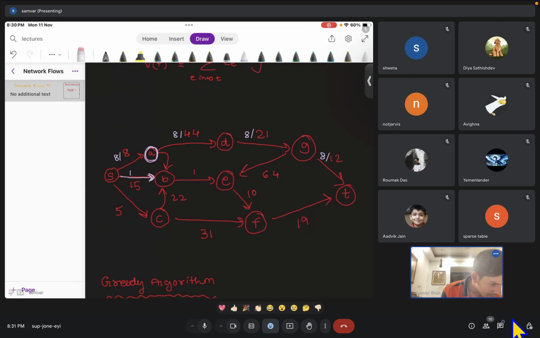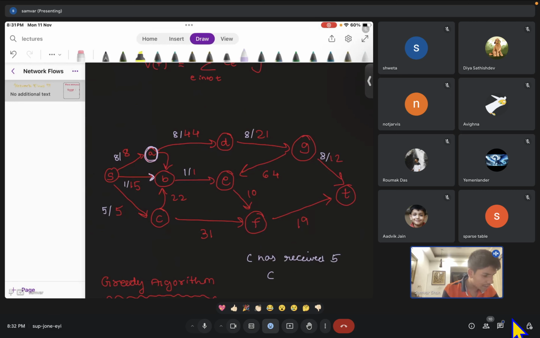So, yes. I push one from here. I push one from here. No problems yet. How much do I push now? Now suppose I push 5 from here. Now, C has received 5 from S, right?